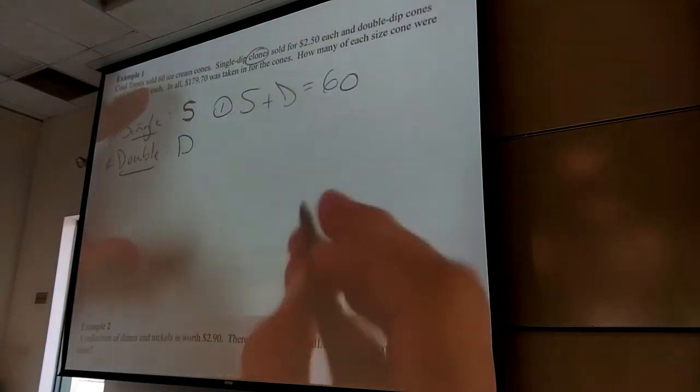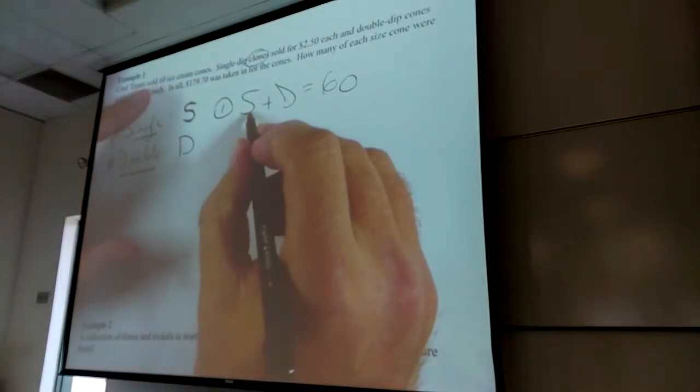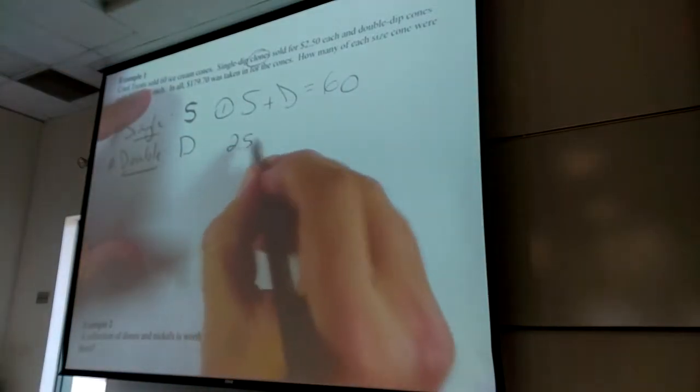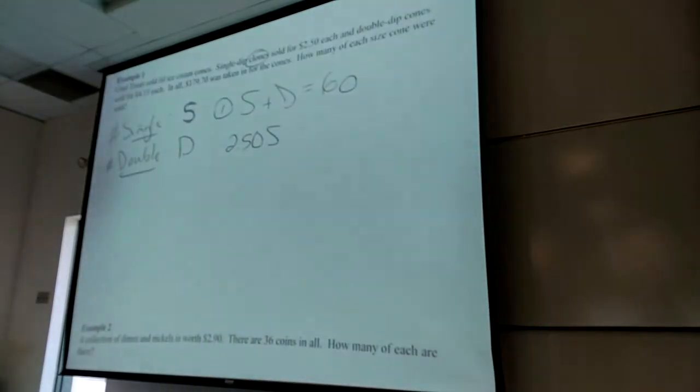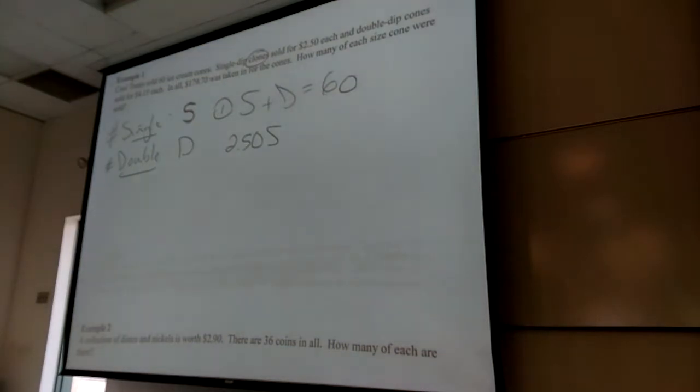Yeah, so for each one of these, it's 2.50. You don't really have to write the 0, but I will. 2.50 S. So if I bought 10 single dip cones and ate them all on the way home, it would be 2.50 times 10, it would be $25 to get that. Plus the cost of how I feel later.